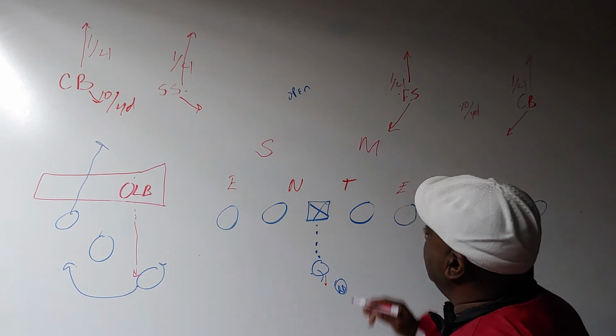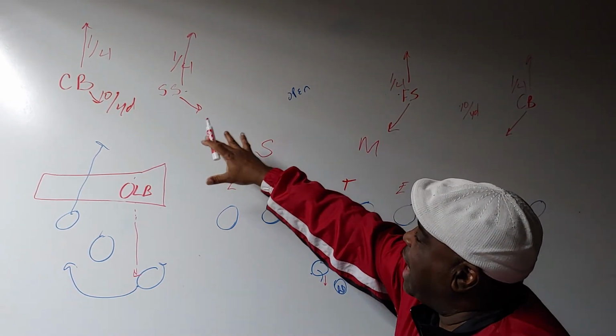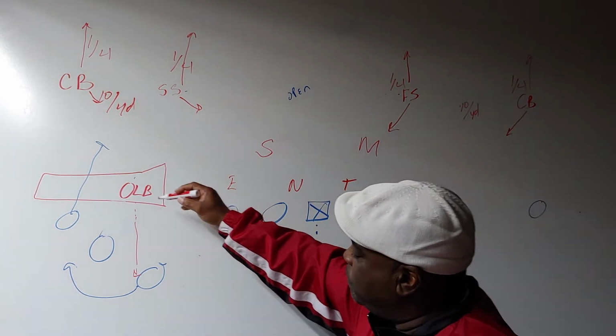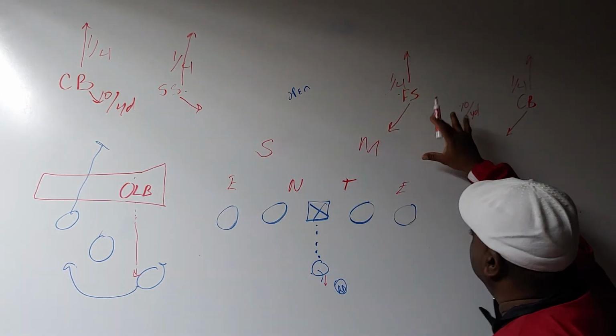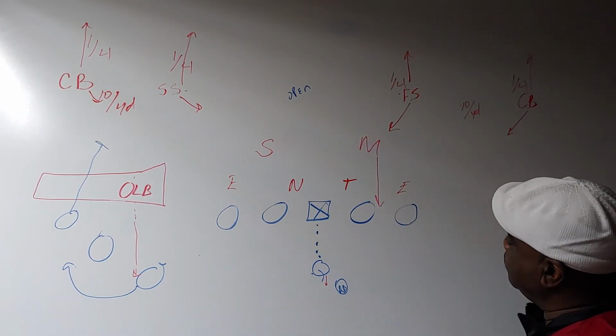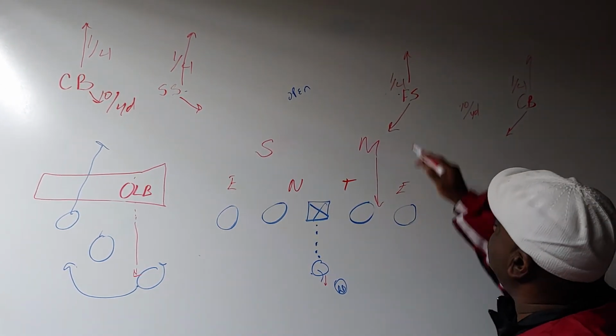Now, since you hike the ball, you can see they've got to start moving. You watch the defense. You watch what he does. You're watching the whole defense. You're watching this guy come up, start blitzing. On your first step, you watch how they are.